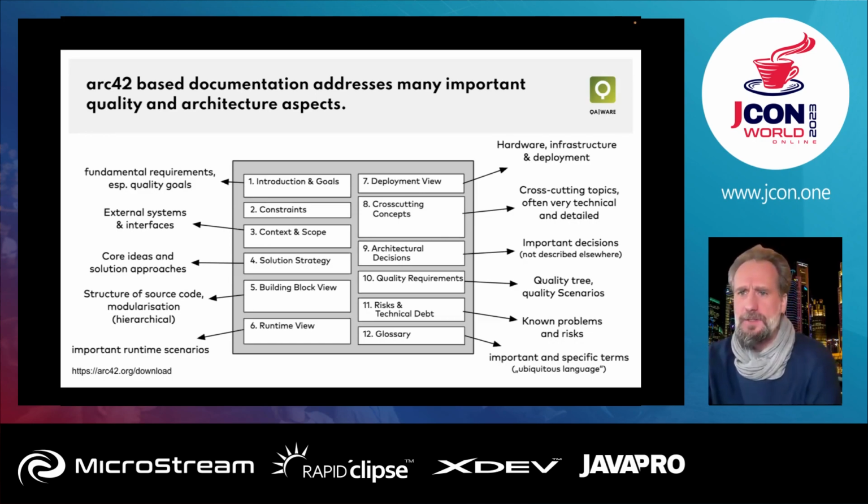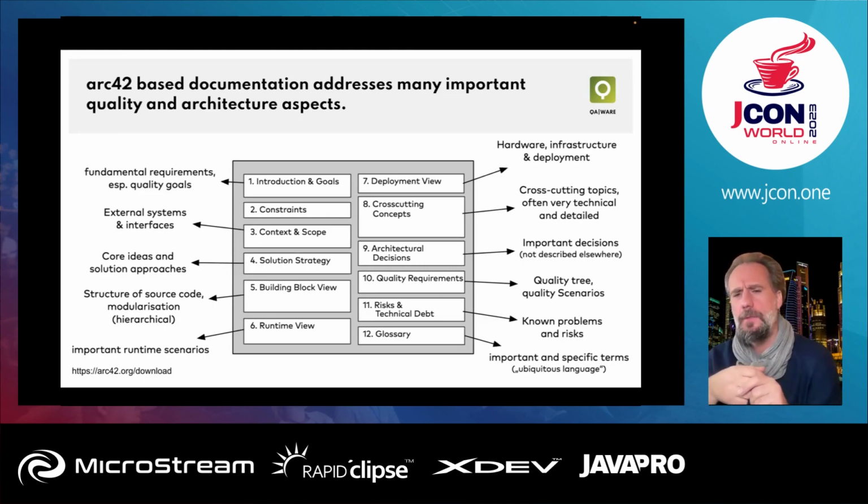The next thing is cross-cutting concerns, right? What about security, authentication, the logging stuff and all that? Architecture has a lot to do with decisions. So architectural decisions should also be documented. Why did you take technology X in favor of Y? What are my quality attributes, right? What are my quality requirements?